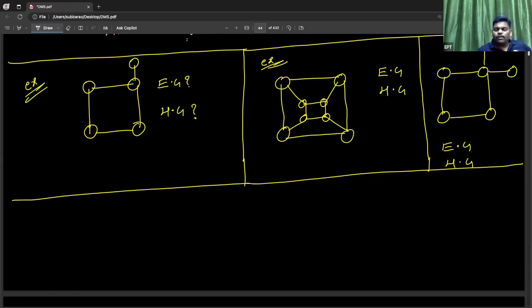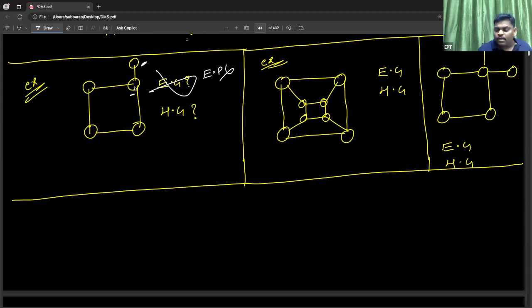First one, Euler. Is the first one an Euler graph? I think the problem with this vertex is odd degree. This is one odd degree, one more odd degree there. So Euler graph, Euler path also not possible. Exactly 2 vertices with odd degree are required.